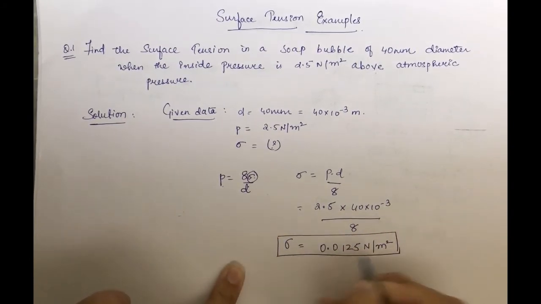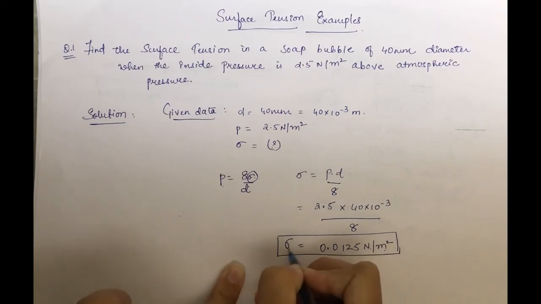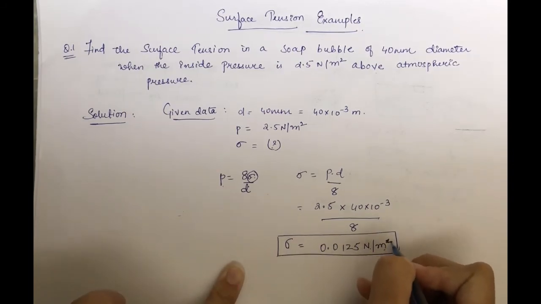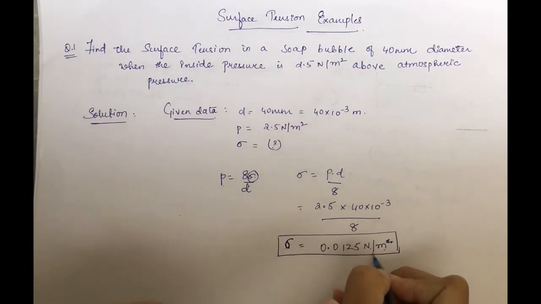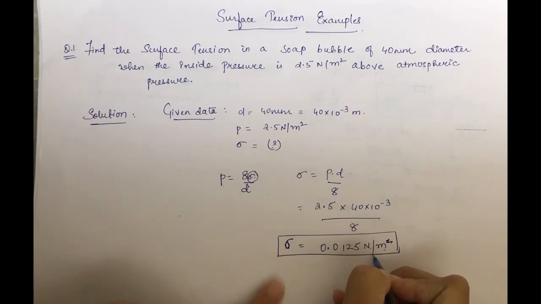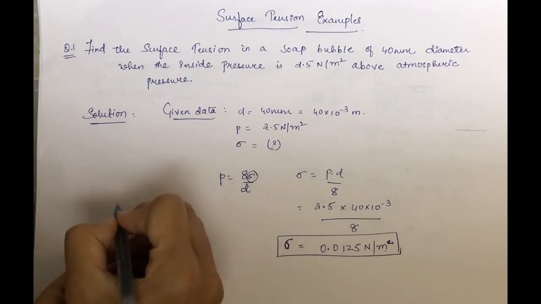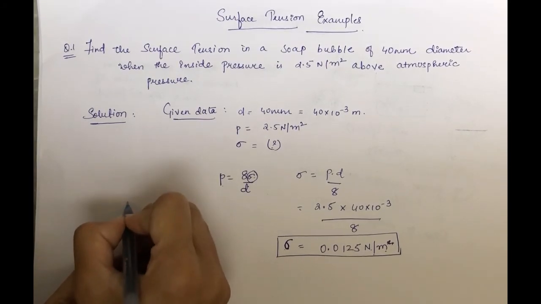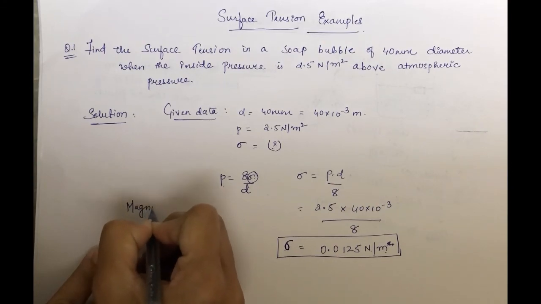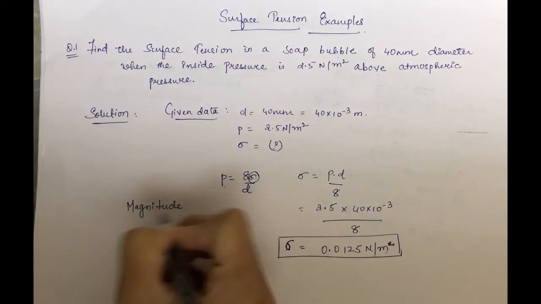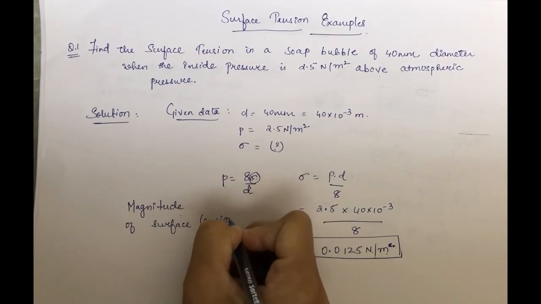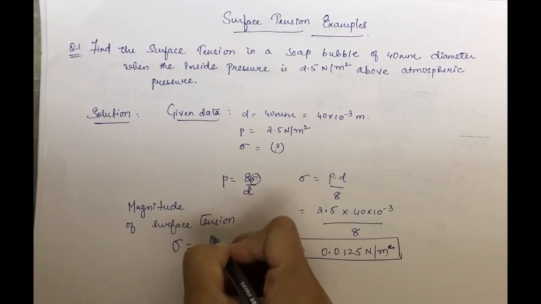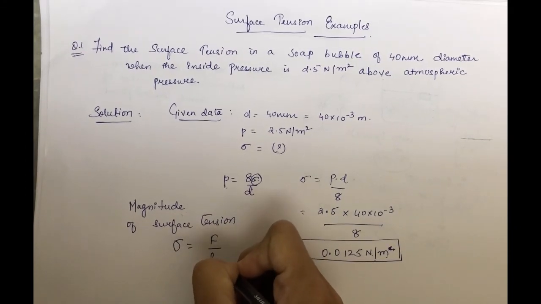So the unit of surface tension is Newton per meter, and its symbol is sigma. The SI unit of surface tension is Newton per meter and its symbol is sigma. And moreover, one thing I forgot to mention, which I am mentioning over here, is that the magnitude of surface tension sigma is force per unit length.